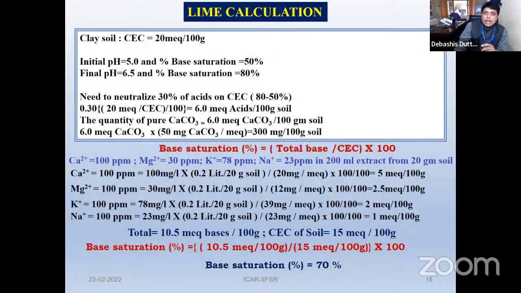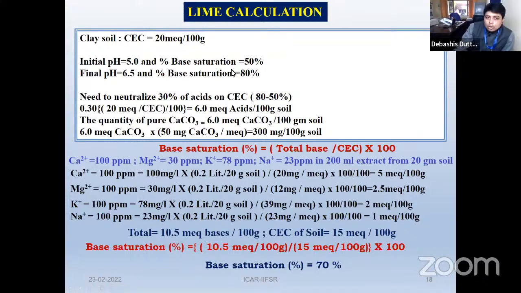organic farming. And another problem is soil reclamation, and this is the calculation by which we can calculate the lime application to reach our targeted pH level. For this you require the CEC value, the initial pH, and the base saturation, and our target pH is 6.5 and the target base saturation is 80%.